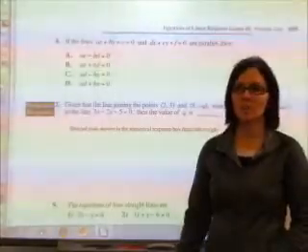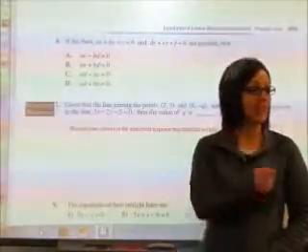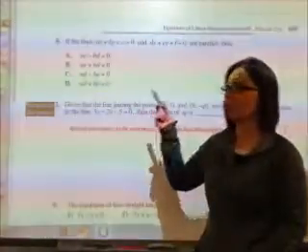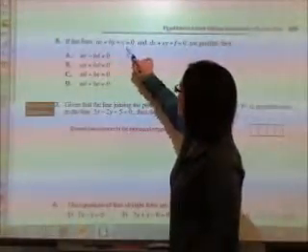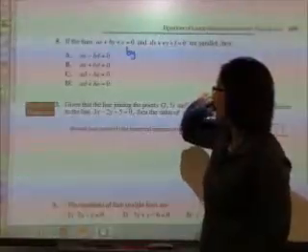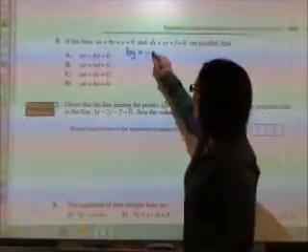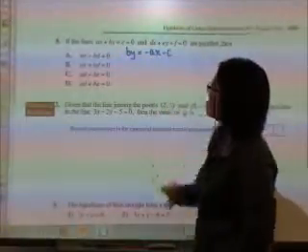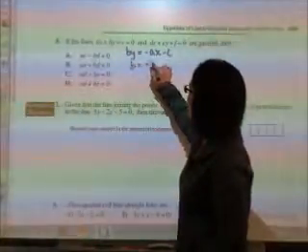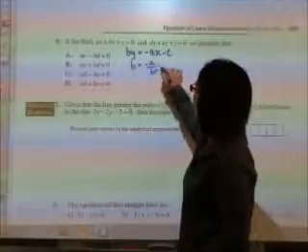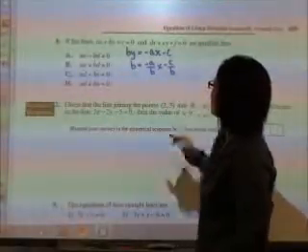What makes them parallel? They have the same slope. So I have to figure out what the slope of these are. So if I look at this first one, I've got by. I'm going to move the ax and the c to the other side, which means they'd both be negative. And then I would divide by b. So I get negative a over b x minus c over b.